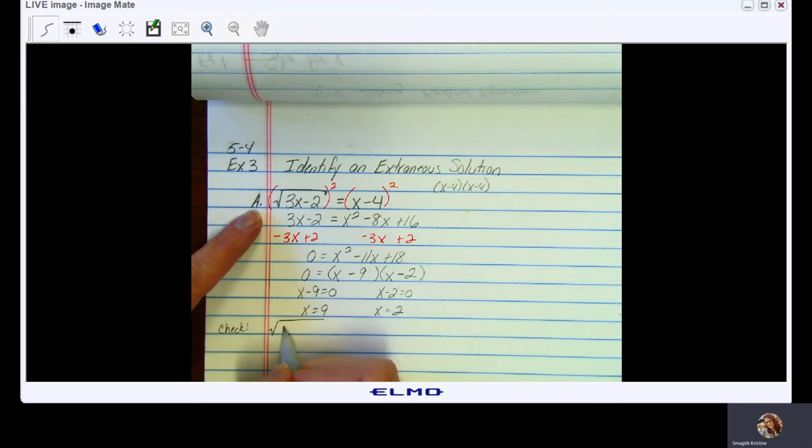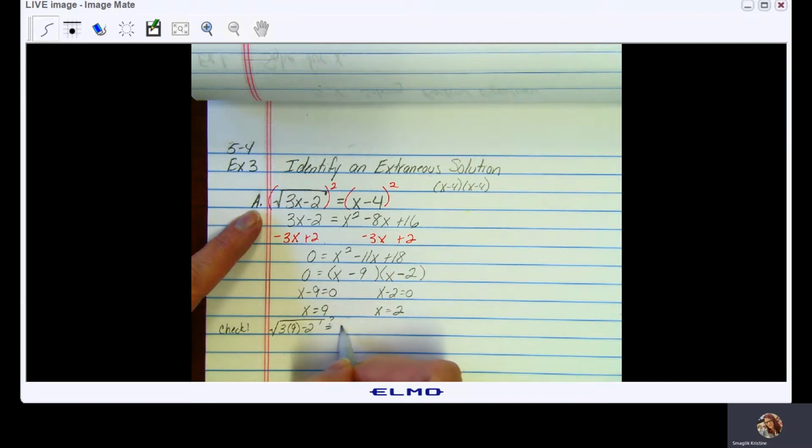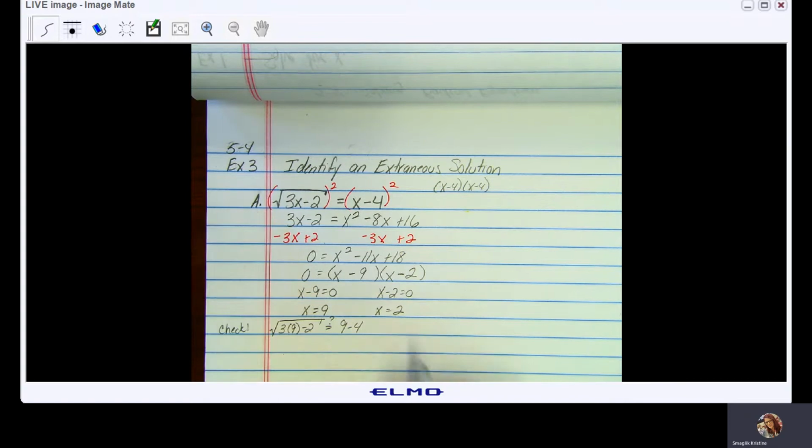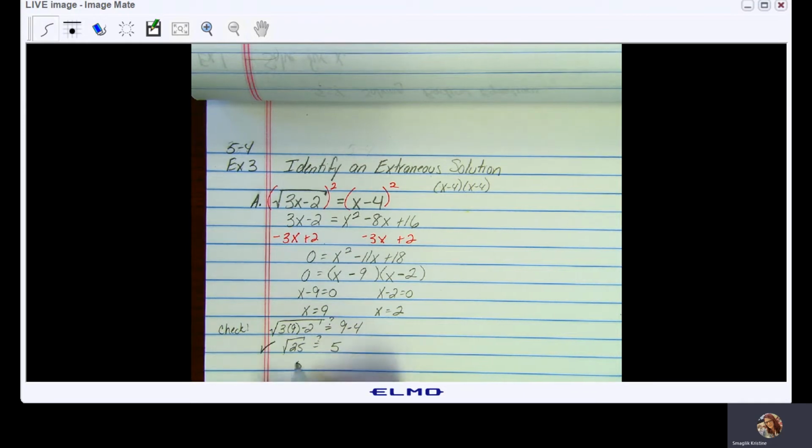So I have the square root of 3 times 9 minus 2. Does that equal 9 minus 4? I have 3 times 9 is 27 minus 2. This is the square root of 25. Does that equal 5? And I think we can clearly see, yes, it does. This is 5 equals 5. That is a true statement.